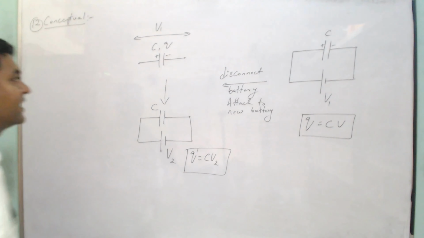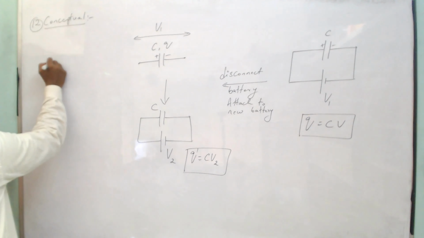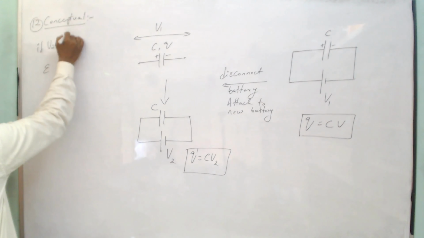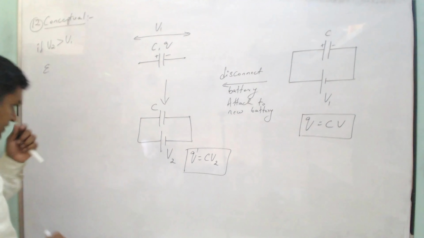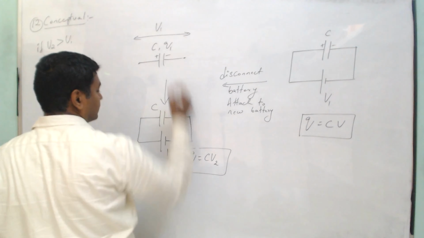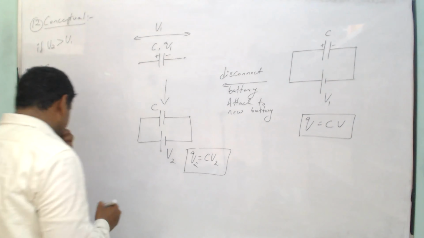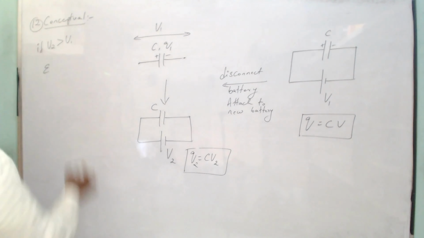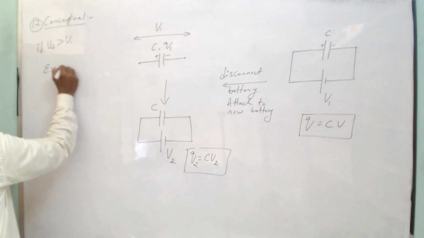So the excess charge that has come on the plate, if V2 is greater than V1, we will also write as Q1 and Q2. If V2 is greater than V1, then there is excess charge.